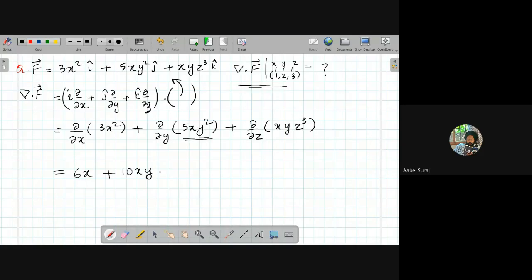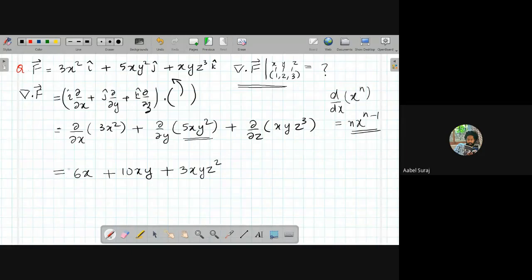I'm directly doing this, knowing that d by dx of x raised to n is equal to n x raised to n minus 1. This method I am applying. Then xyz cube gives xy into 3z square, right?